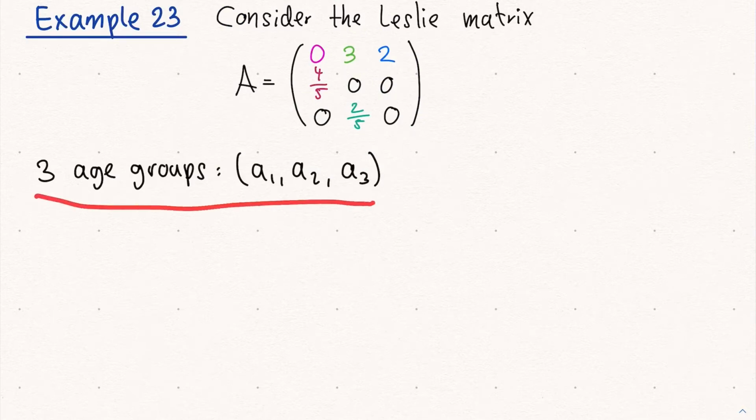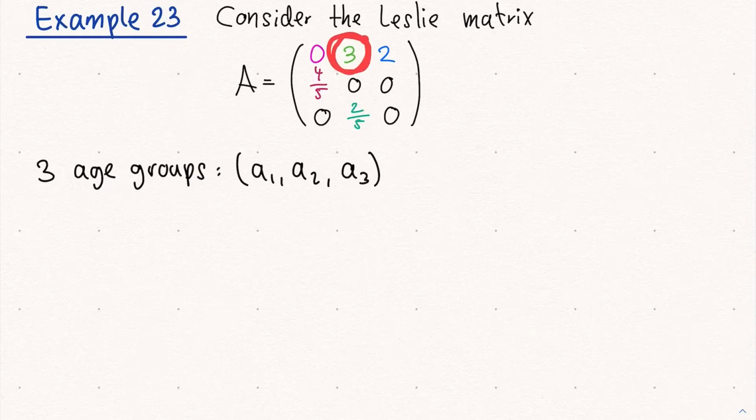So in this case we have 3 age groups, and we see here that this number here is the fertility rate from the second age group. So this 0 here means that the age group 1 does not produce any babies. So the only contribution to the new A1 is the age group 2 and the age group 3. And we see here that this 4/5 is the survival rate of A1.